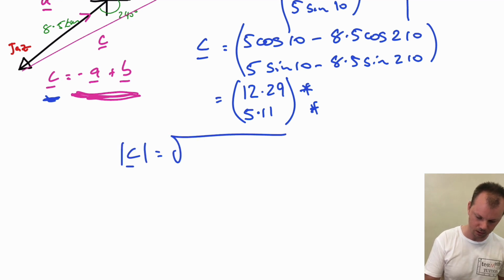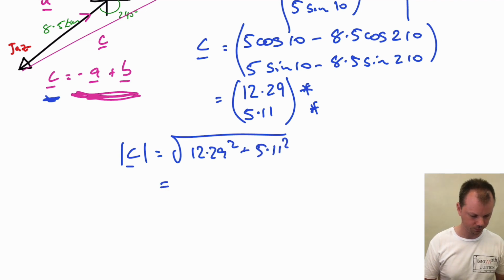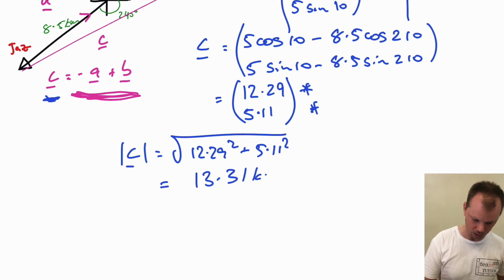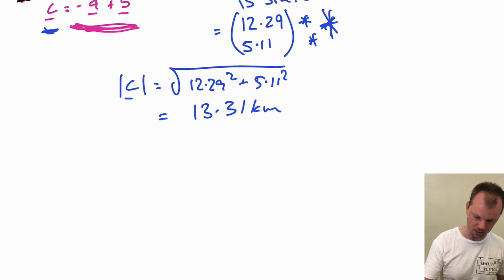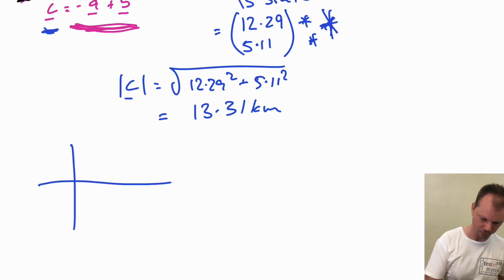C, 12.29 squared plus 5.11 squared, and the square root of that. So we've got 13.31 kilometers. And our direction, we'll draw another little diagram of this. Again, I don't need my original diagram, I just need this here.